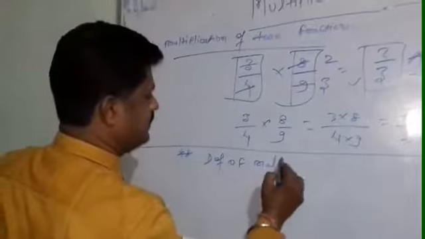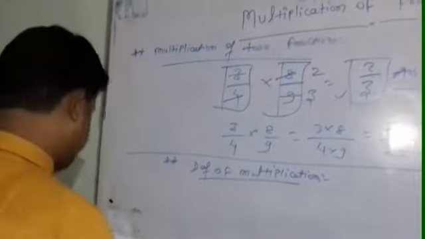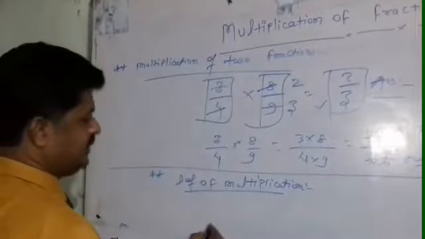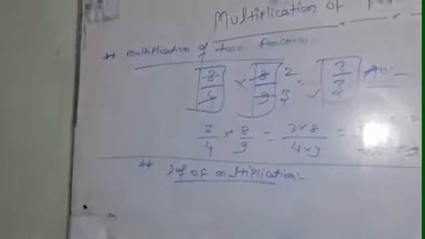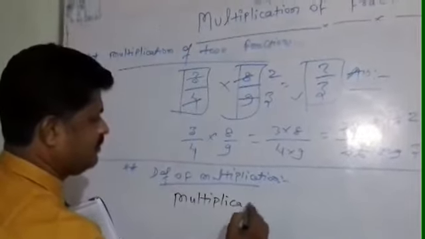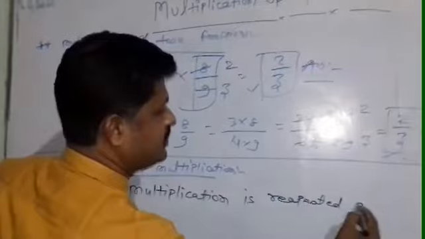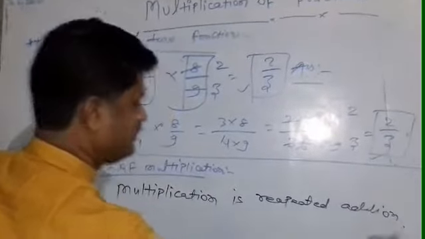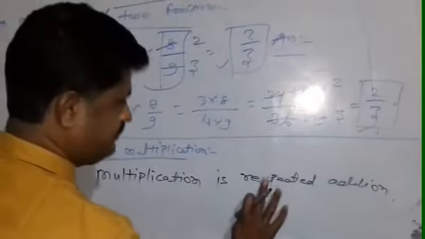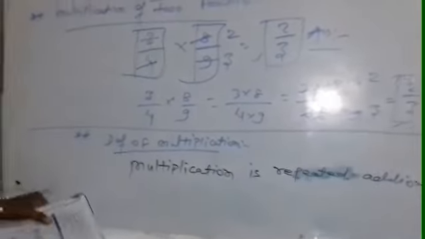Definition of multiplication. The definition of multiplication is given in your book: multiplication is repeated addition.